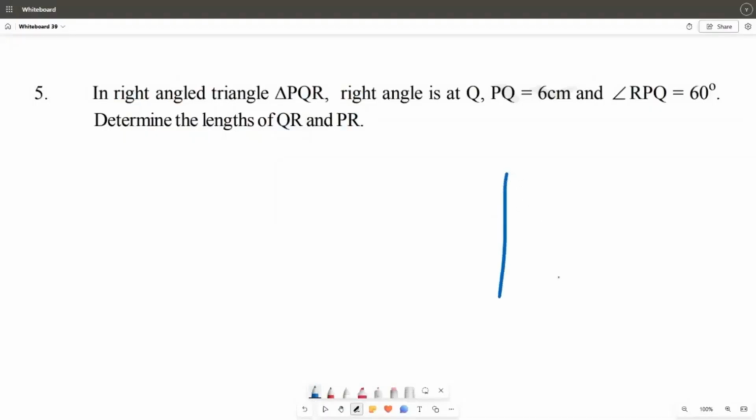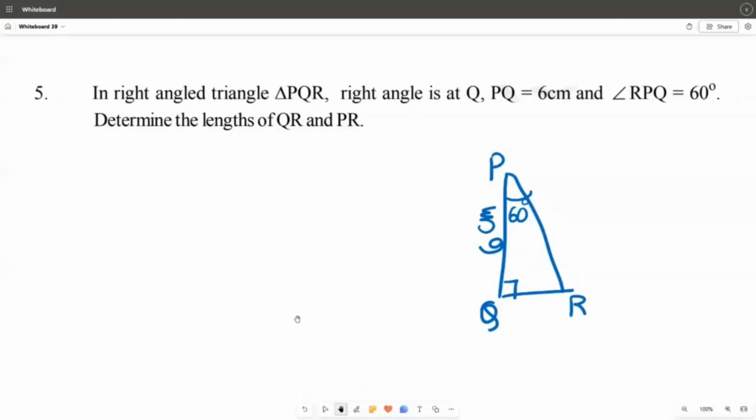So let's assume a right angle triangle, right angle at Q, and let this be P and R. They also said that angle P equal to 60 degrees, and PQ length equal to 6 centimeters. We need to find the lengths of the hypotenuse and the other side QR.